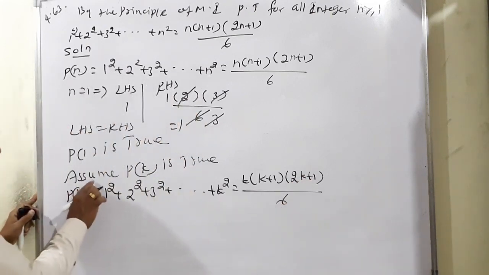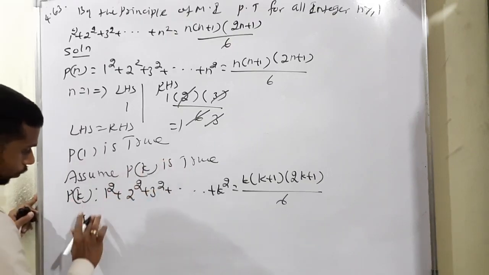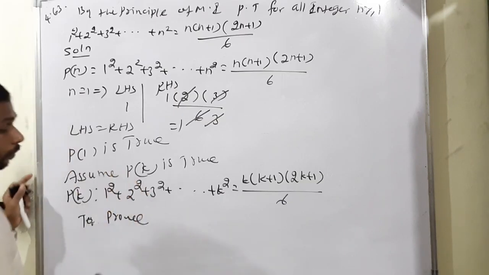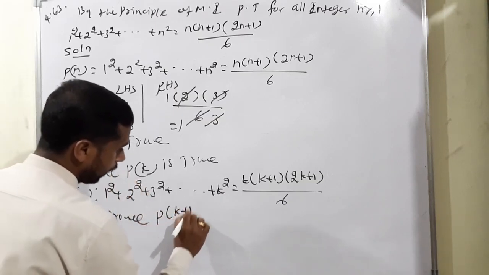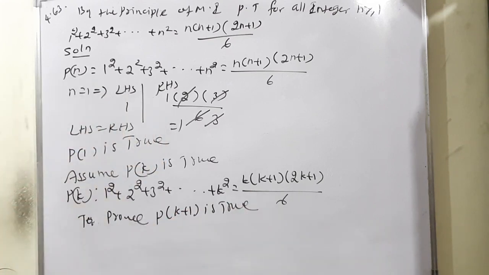Now P of k is true, so we have to prove P of k plus 1 is true.